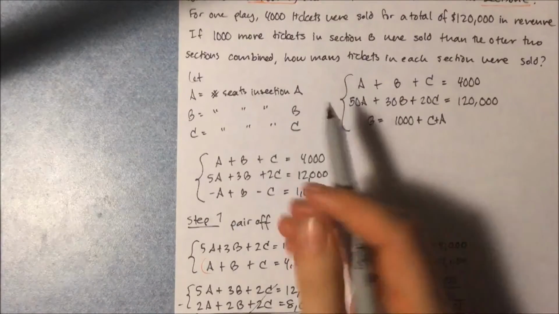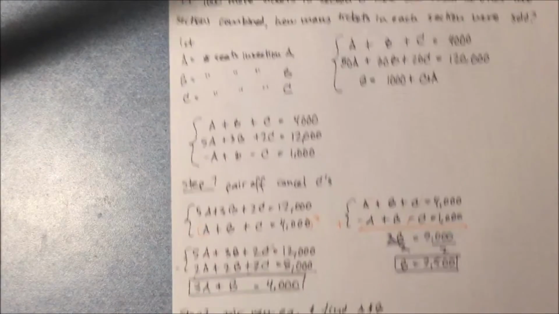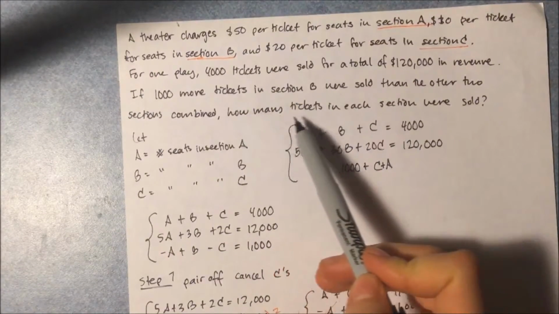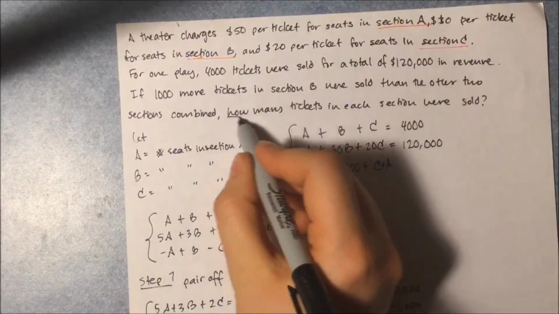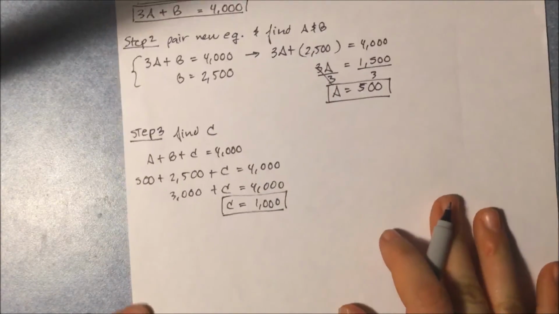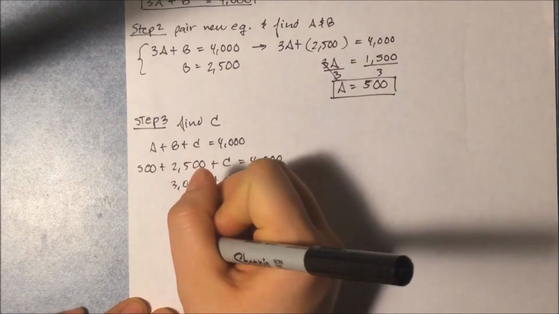So my let statement, we were talking about the number of seats sold in the sections. So the question we had was, how many tickets in each section were sold? So my final answer, written in a sentence, would be maybe, let's see.